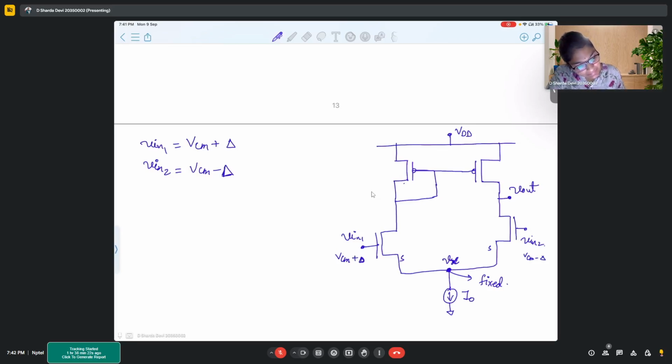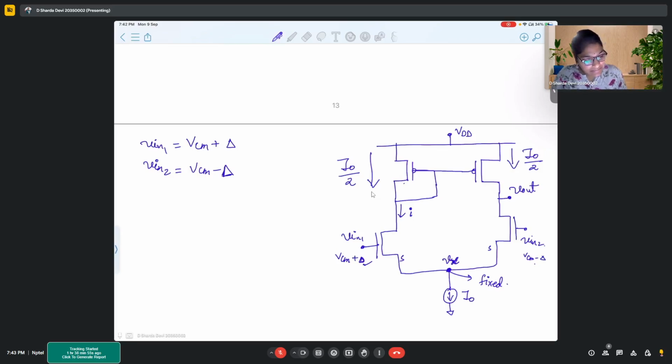So the small current I that will be flowing through this transistor, this is the AC current I'm talking about, which is coming because of the signal. This small current is flowing through this transistor because of this extra delta. The DC current is I0 by 2, which is flowing through both the branches, equal, half and half.